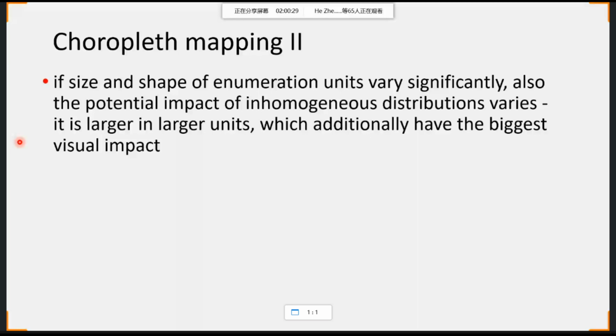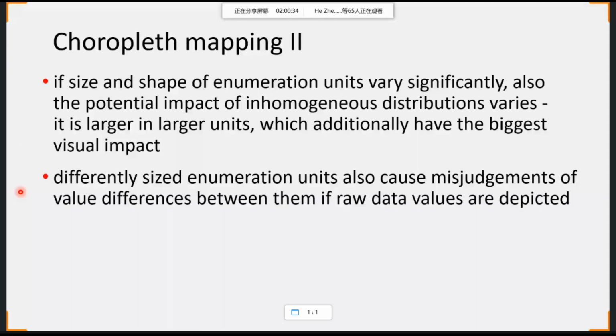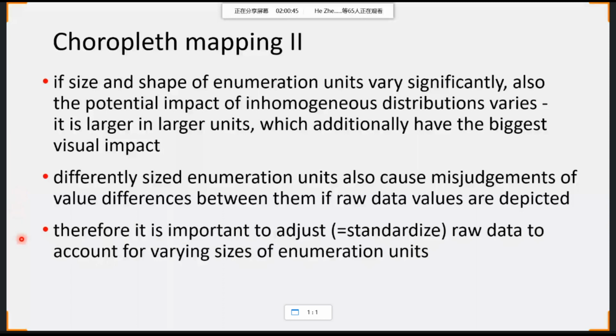Differently sized enumeration units also cause misjudgments of value differences between them if raw data values are depicted. Therefore, it is important to adjust or standardize raw data to account for varying sizes of enumeration units.